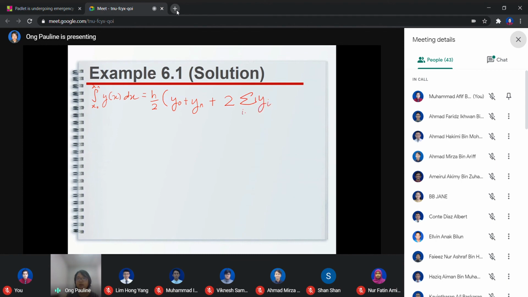Then for i starting from 1 until n minus 1, you multiply with 2. Okay, so this is the equation for the trapezoidal rule. We are now solving the same question, but now by using the trapezoidal rule. If you observe here, we can split it into two categories.